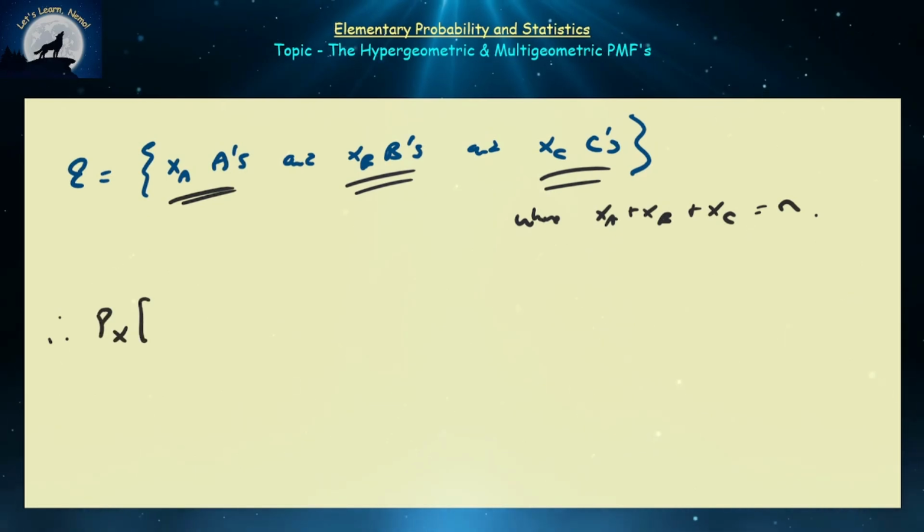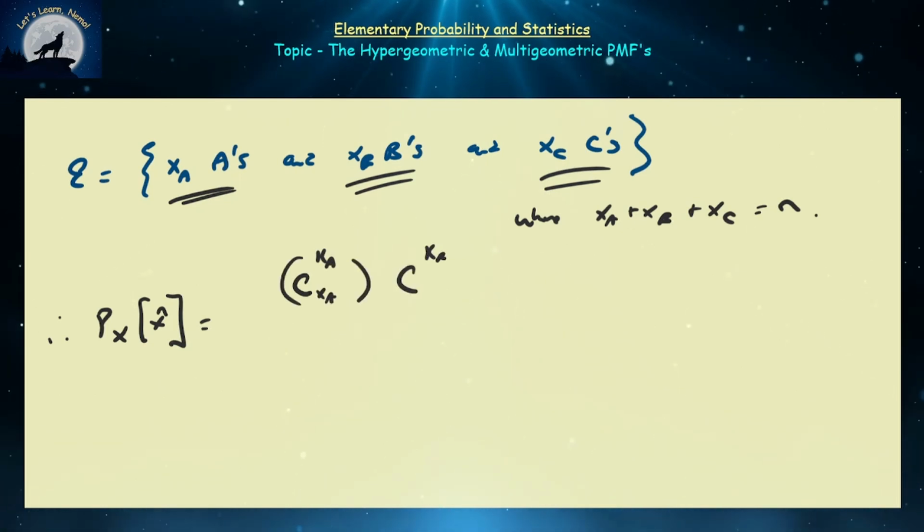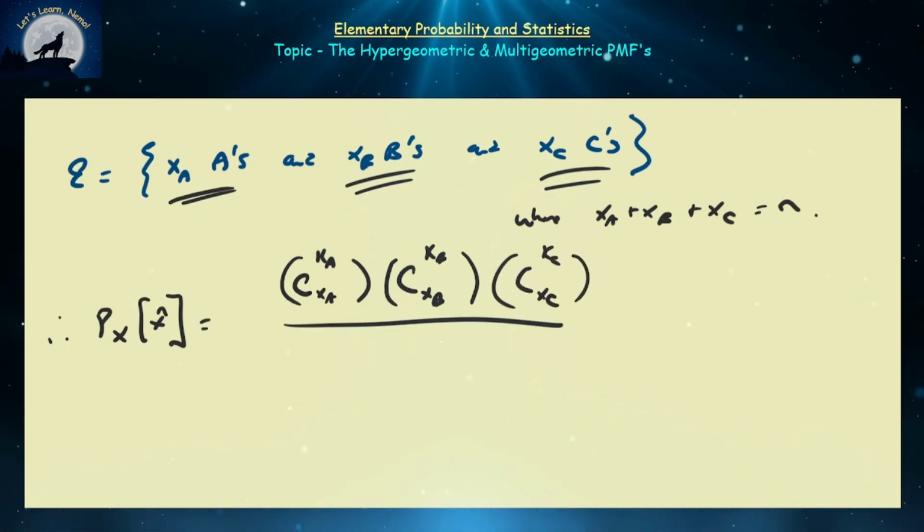So for our particular structure, where we have xA A's, xB B's, and xC C's, which I will just abbreviate as x hat, this will just be equal to our combination. So we have Ka A's, and we want xA of them. And then we have Kb B's, and we want xB of them. And we want Kc C's, and we want xC of them, all divided by our rearrangements of our sample, M choose n, and we have this particular structure.